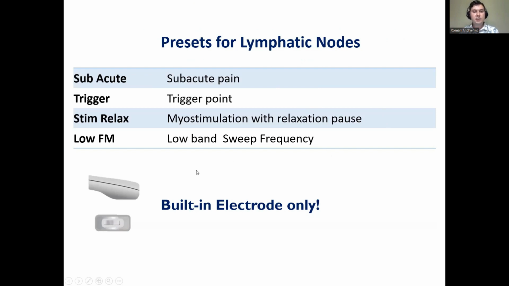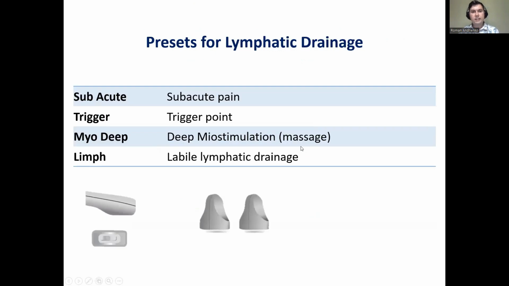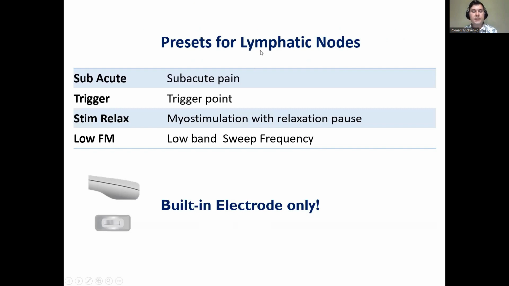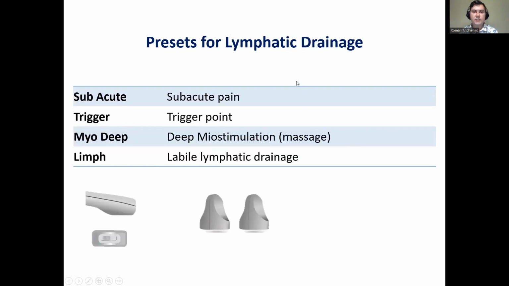These presets are designed for built-in electrodes only. And also lymphatic drainage, like the lymphatic nodes, are addressed only with the built-in electrode. The lymphatic drainage is addressed with the Pons electrode as well.